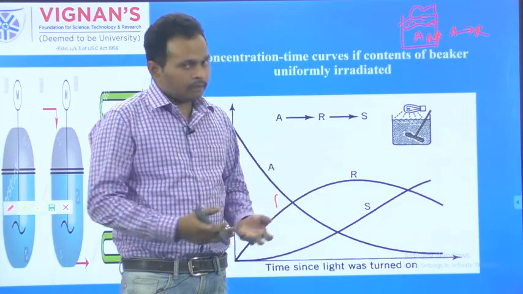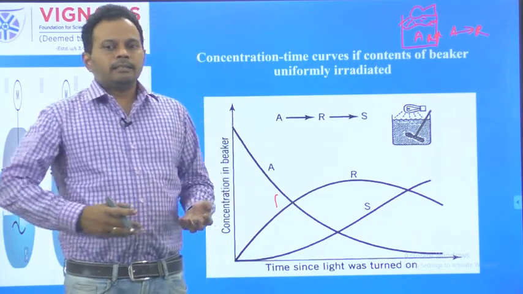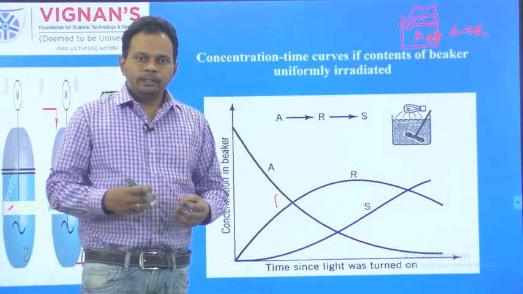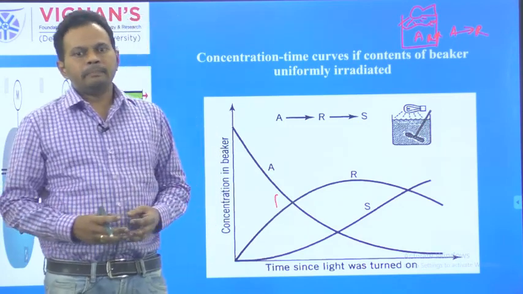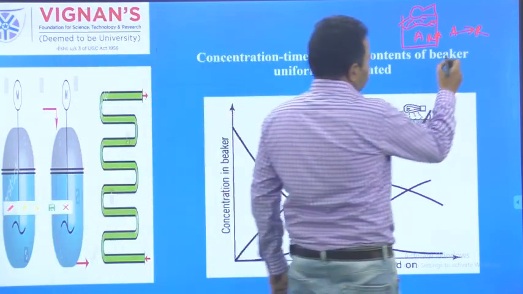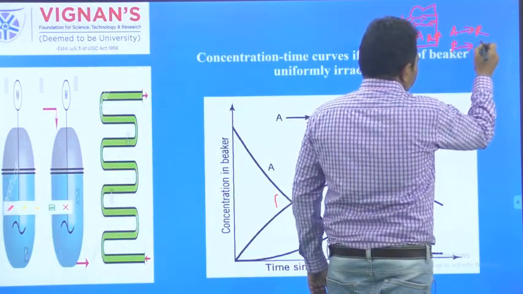From that point onwards, if we keep passing the light, R receives the light energy and produces S.